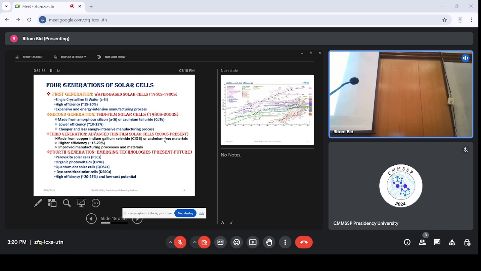So the cadmium telluride is efficient, but cadmium is not good for the environment. In a similar fashion, copper indium gallium selenide is the most efficient material for thin solar cells, but the presence of indium and gallium is not good for the environment. So people are trying to fabricate different materials.